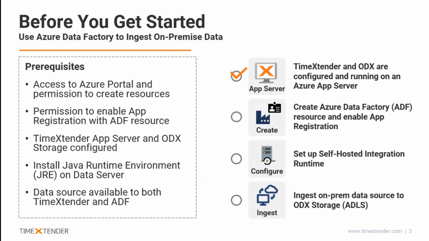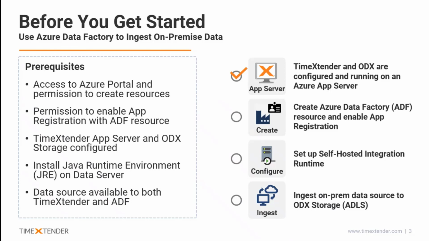But what you will need to have accomplished if you want to follow along today is access to the Azure portal with permissions to create resources. You'll need permission to enable an app registration on an ADF resource. So we need to provide usage rights or a role on the ADF resource.